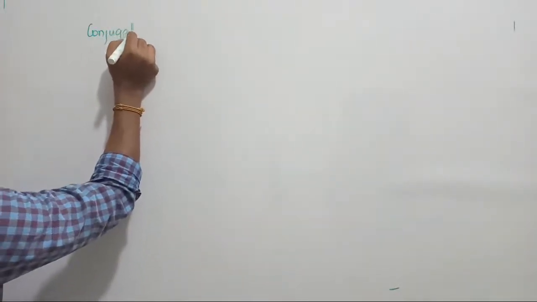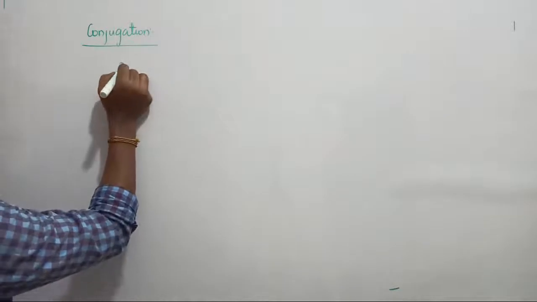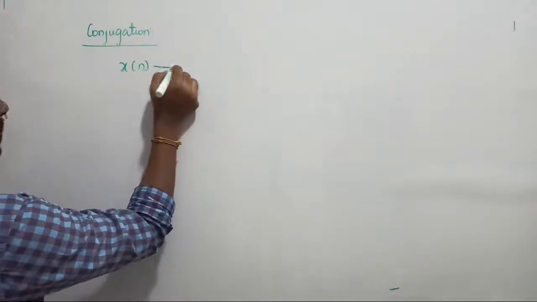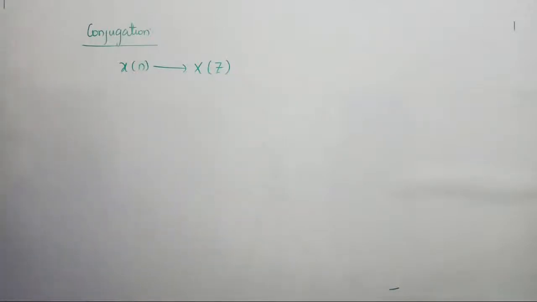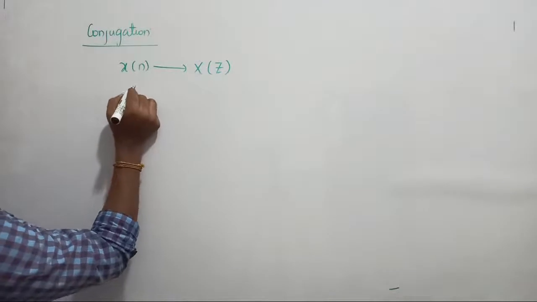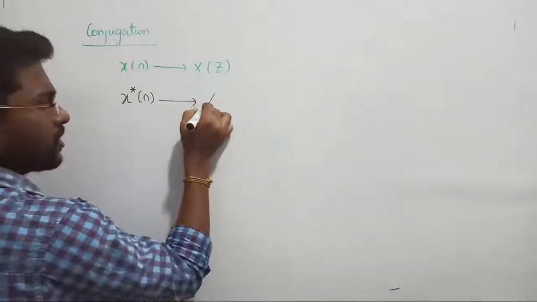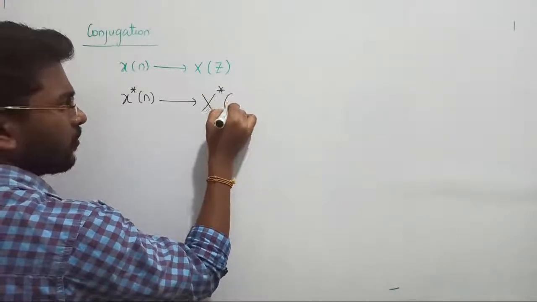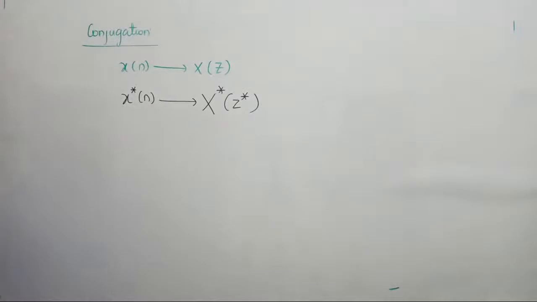While talking about the property of conjugation, if I have a signal x of n, its corresponding z transformation is x of z. If I take the conjugation of x of n, then in the discrete domain its transformation is x conjugate of z conjugate.